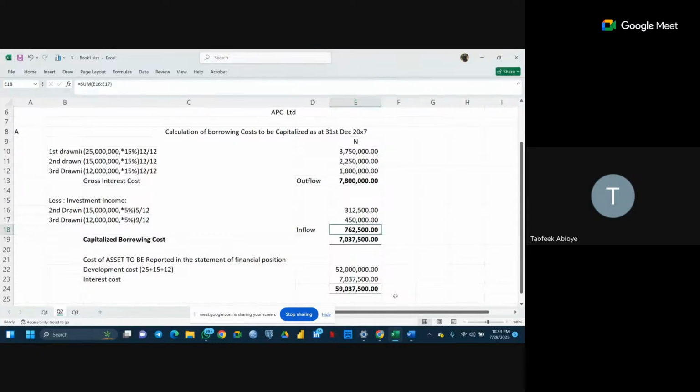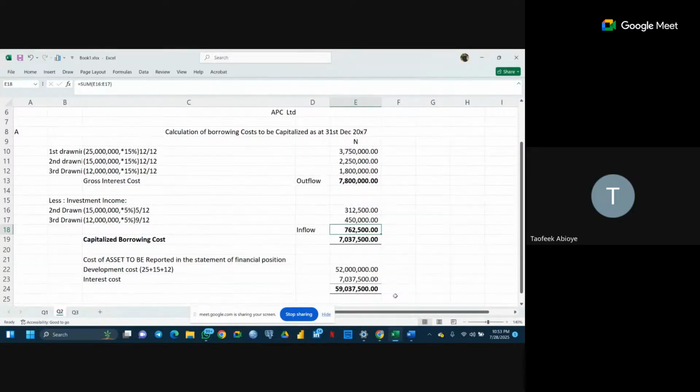The only thing we are dealing with here is the portion of the fund that we spent on qualifying capital expenditure. Maybe, you know, when the company wants to embark on a project, they might have forecast that they will spend a total of 55 million. But maybe due to some reason, this company later spent 52 million.